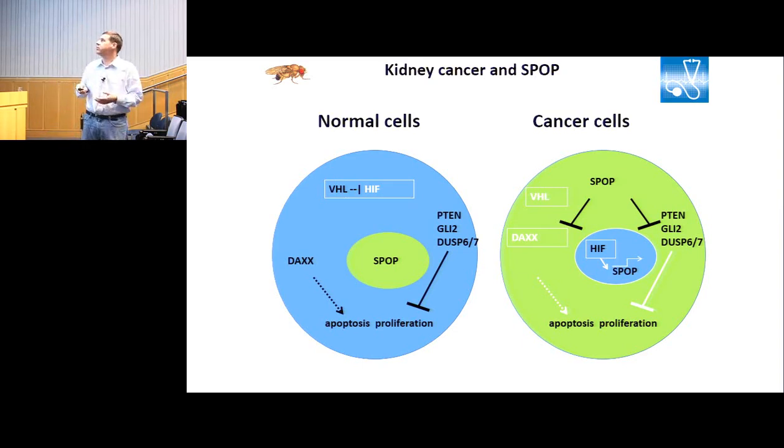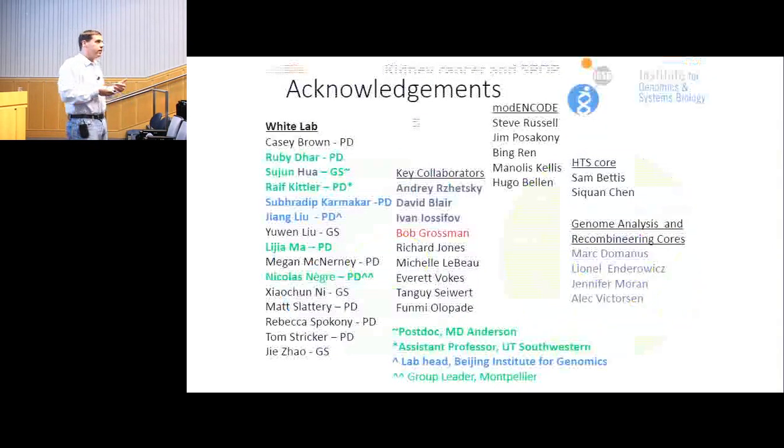And so what we're working on right now is we're trying to see if we can develop small molecules and humanized antibodies against this domain, the substrate binding consensus domain, to see if we could specifically inhibit SPOP's ability to interact with targets. So that's it.